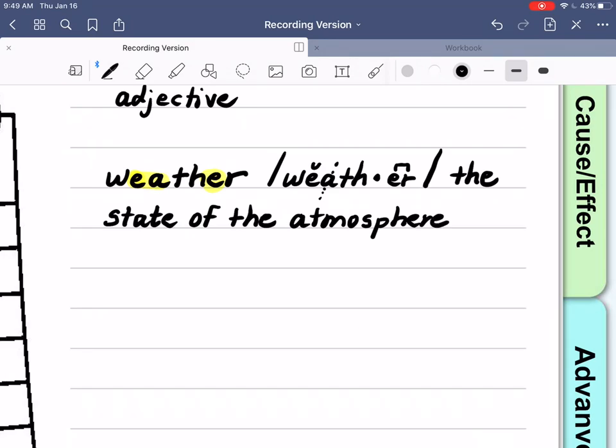Just to give you an example on this one, we're talking about rain, snow, hail, weather. And this one starts with the word the, so we're dealing with a noun. It's a thing. Noun, weather.